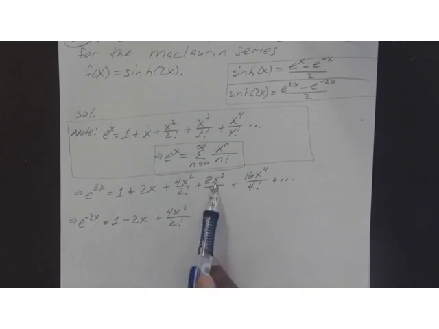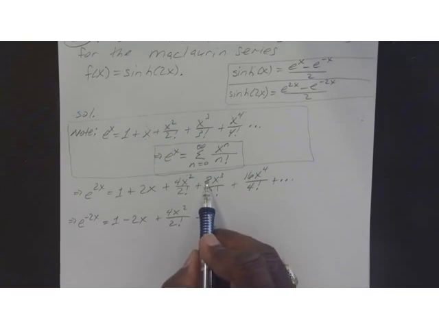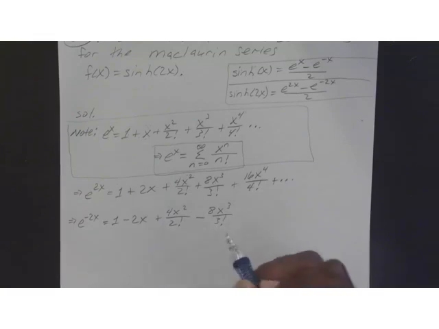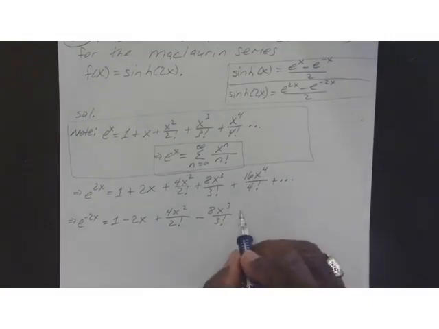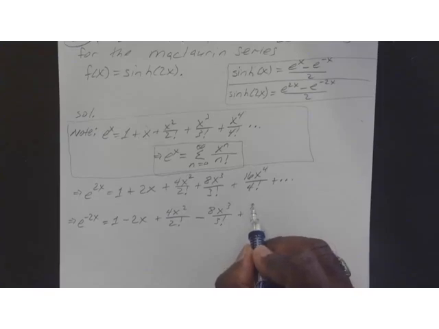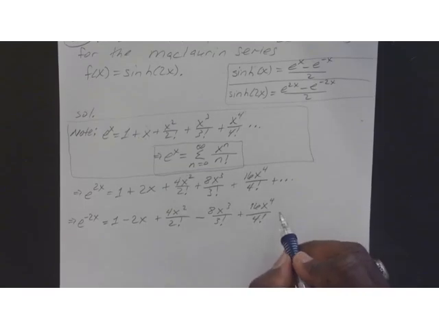Okay, and negative 2x to the third power is going to be negative, because negative 2 times negative 2 times negative 2 is negative 8. So minus 8x to the third power divided by 3 factorial. And negative 2x to the fourth power is going to be positive 16x to the fourth power divided by 4 factorial. And it keeps on going.